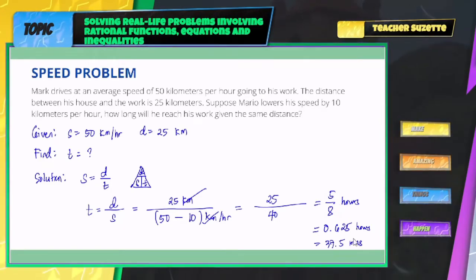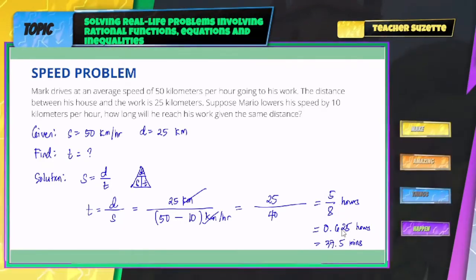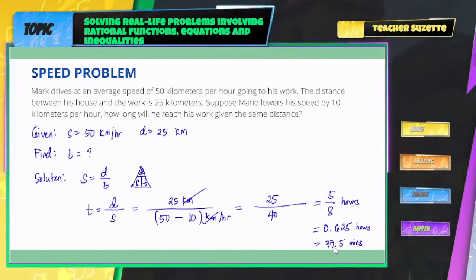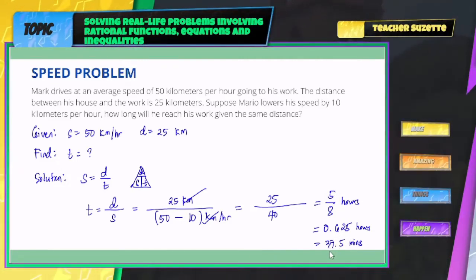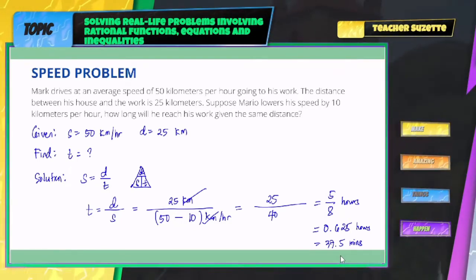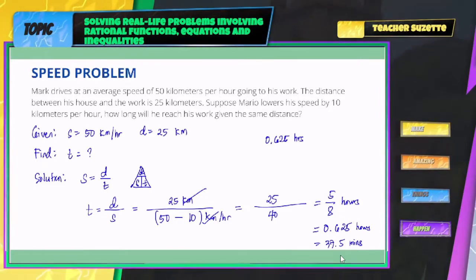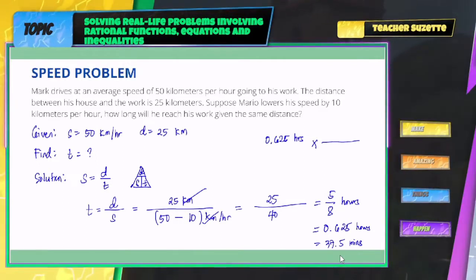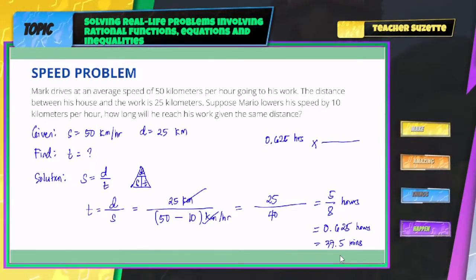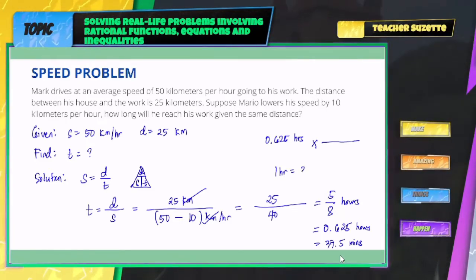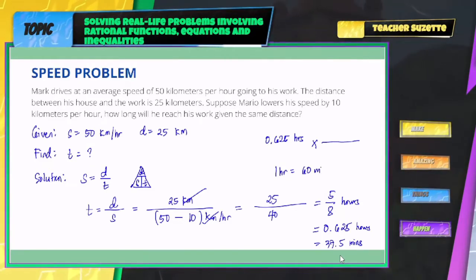Take note ha, na hindi po ibig sabihin pag kinonvert nyo sa decimal is equal na agad siya sa minutes. Take note of that. So, may proper tayong conversion of minutes to hours. So, halimbawa nga po, you have 0.625 hours. Para ma-convert natin siya sa minute, multiply natin siya sa ating conversion, which is in every 1 hour, there is 60 minutes.